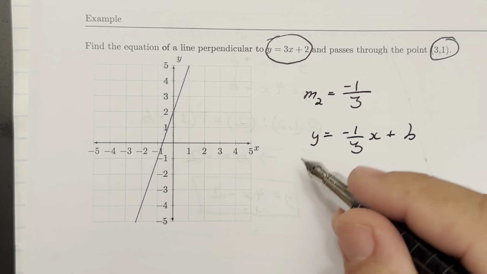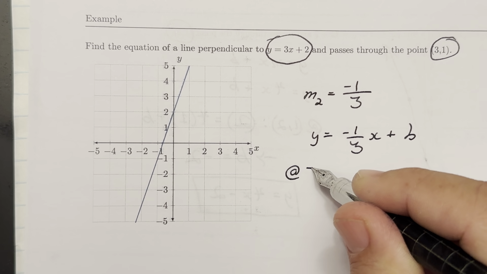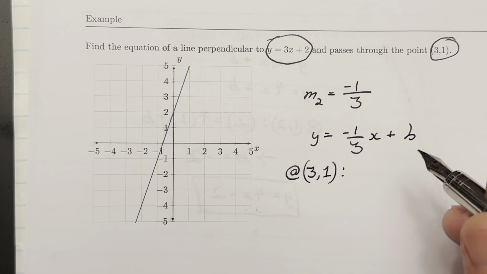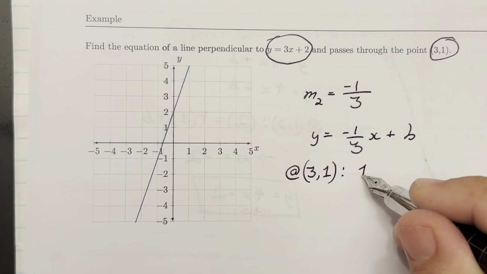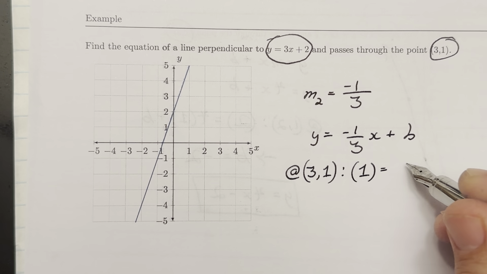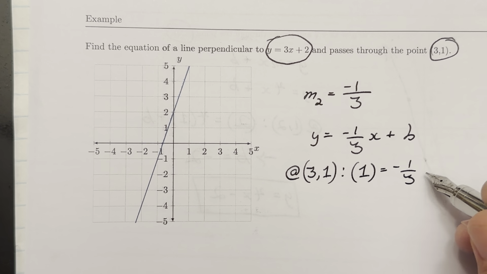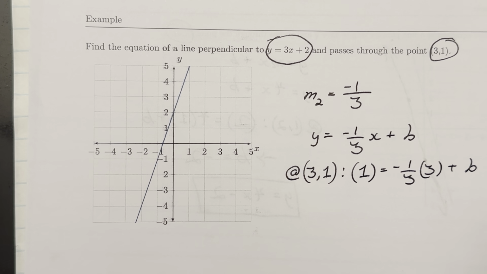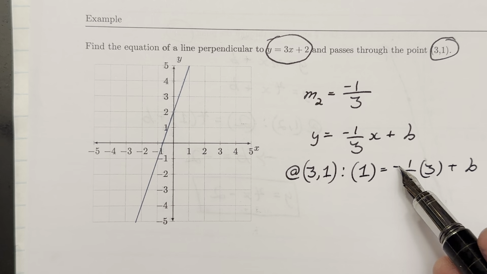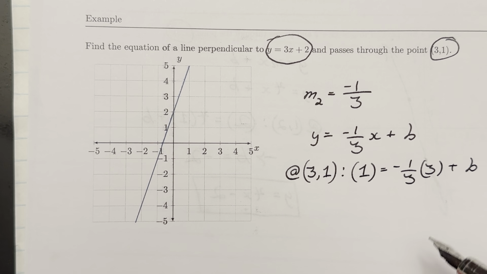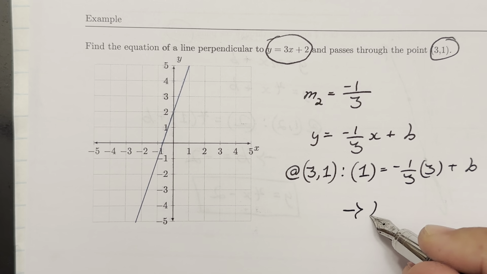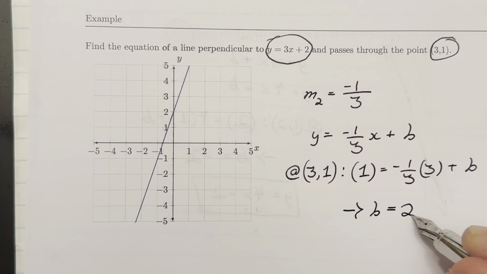And we are given the point (3, 1). And so we plug that in. 1 equals -1/3 times 3 plus b. So -1/3 times 3 is -1. So we add 1 to both sides to find that b equals 2. All right, so that is the y-intercept of our line.